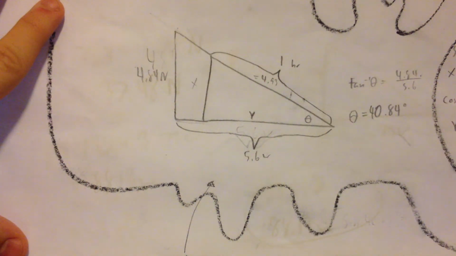So the sine of 40.84 equals x over 4.93. So x equals 3.72. And cosine of 40.84 is equal to y over 4.93. Solving that gives y equaling 3.73.